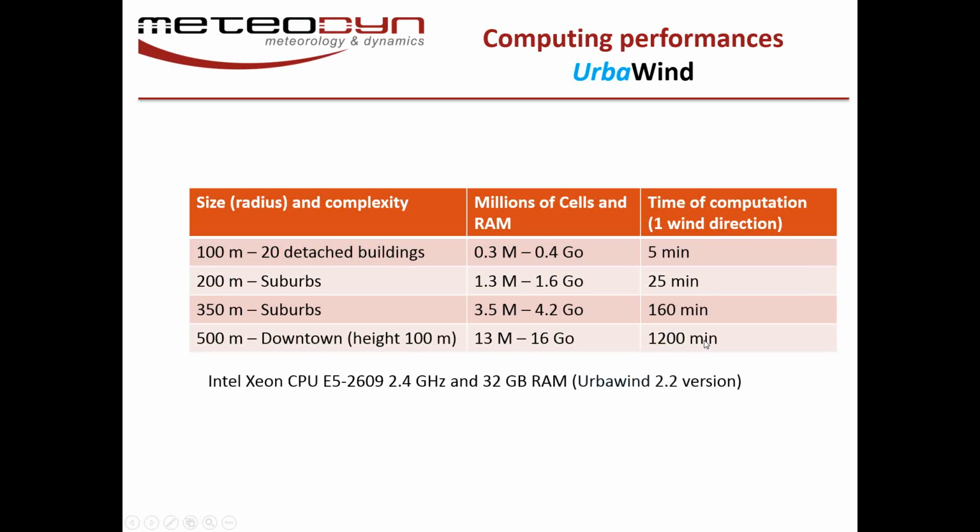For the last scale, it seems to be quite a huge computation time, but if you compare with other software on the market, it is much more efficient, because we have optimized the machine process and also the iterative process for the CFD equations. Everything is optimized, so it's much more efficient than other software.